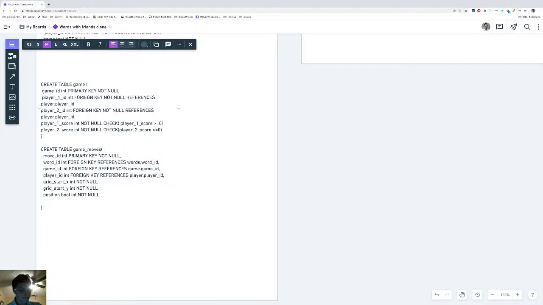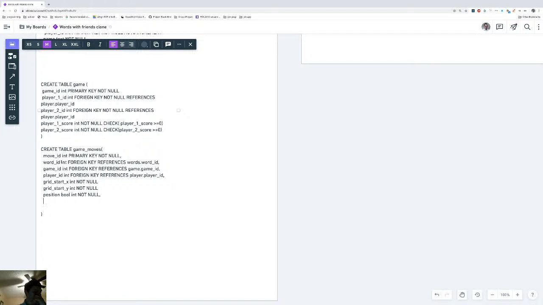It could be an enum or a bool. At this point, if you add the word here, you could say the length of the word.